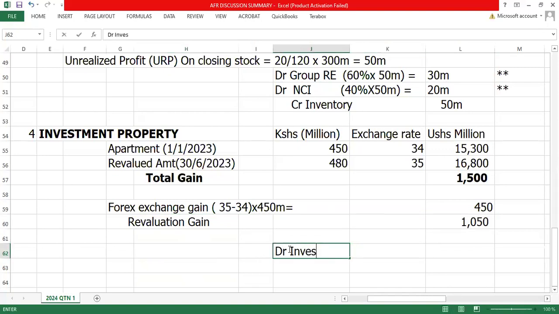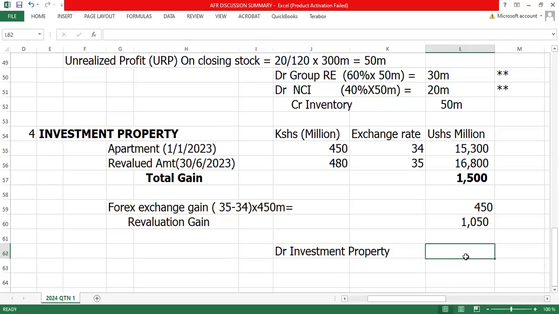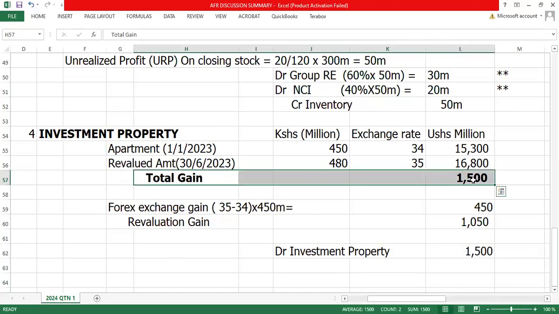The investment property is adjusted by 1,500. It will be the whole of this in the books, because the value has increased generally.